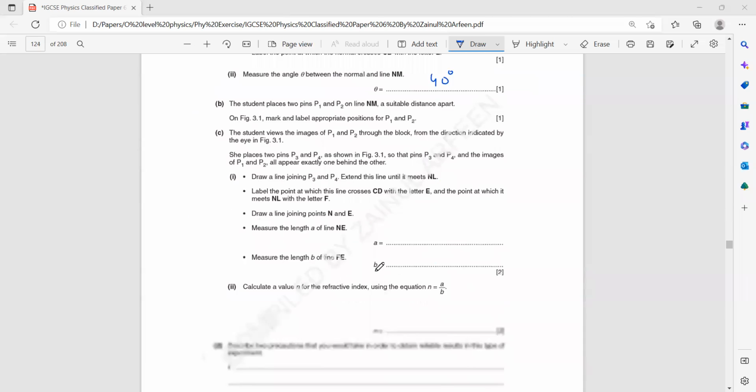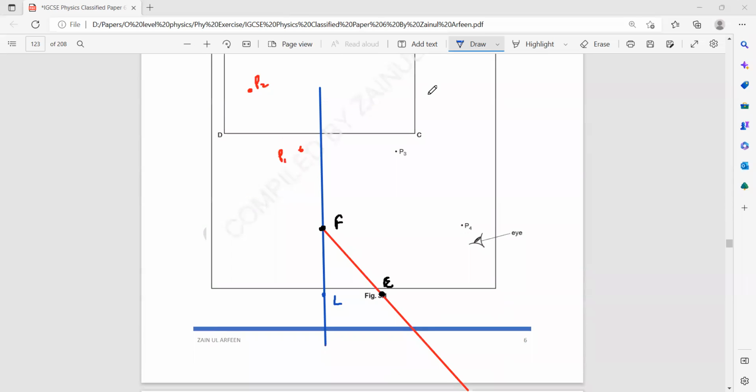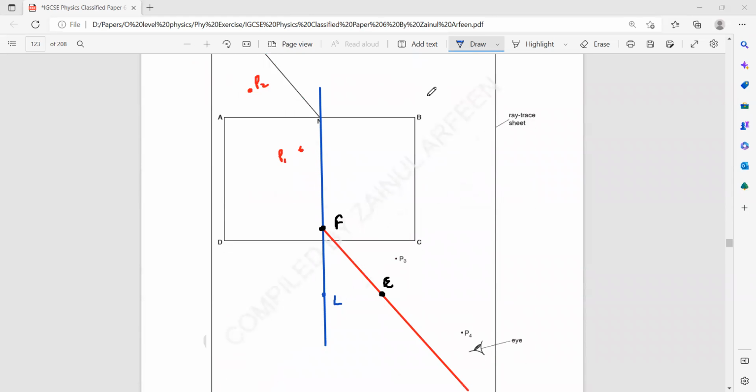Then after drawing this, you have to measure the length NE and FE. So you have to measure the length.